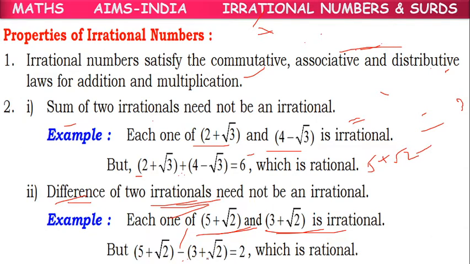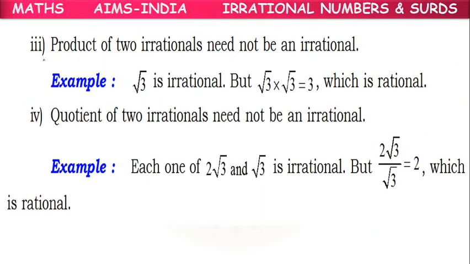Because of the minus, these two signs will change: minus 3 minus root 2 we have to write. If we remove the bracket, root 2 cancels. 5 minus 3 is 2, which is a rational. So the difference also need not be an irrational number. It may be rational, it may be irrational.